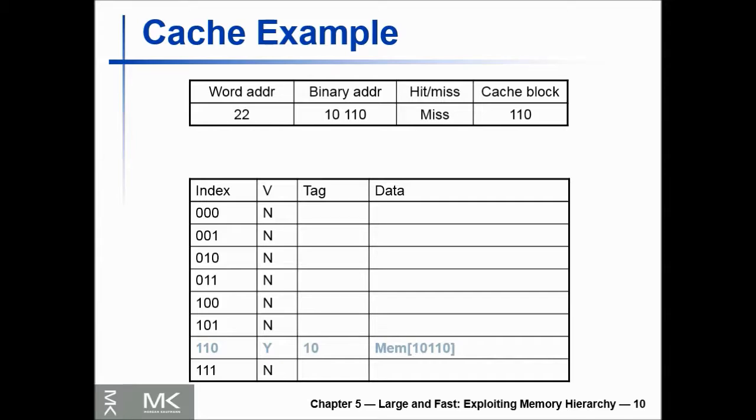The first 3 bits are used for the index in the cache, and the other 2 bits are used for the tag in the cache. So initially our cache is empty, so the word 22 is not in the cache, so it is a miss.